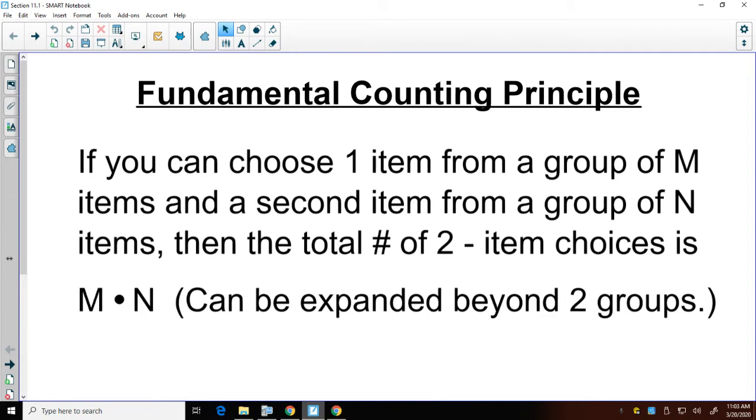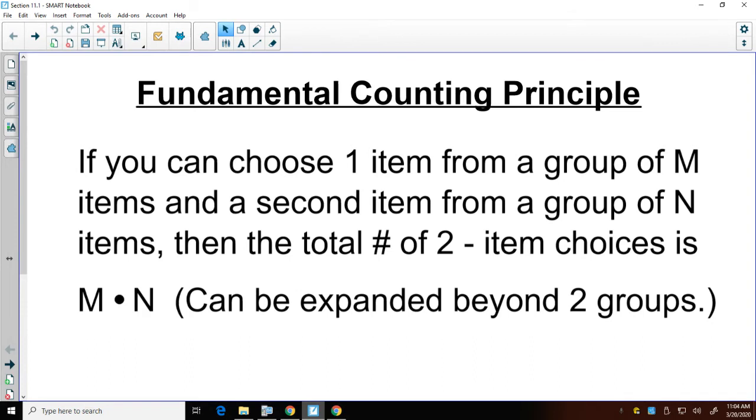Okay. Another example, every day when you get up, you have to choose some sort of top to wear. You have to choose some sort of bottoms to wear. You have to choose some sort of shoes to wear. You can expand that to socks too, and then the kind of undergarments you might want, like underwear or boxers, whatever.